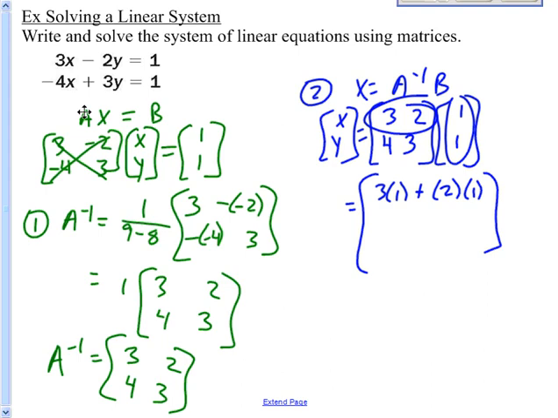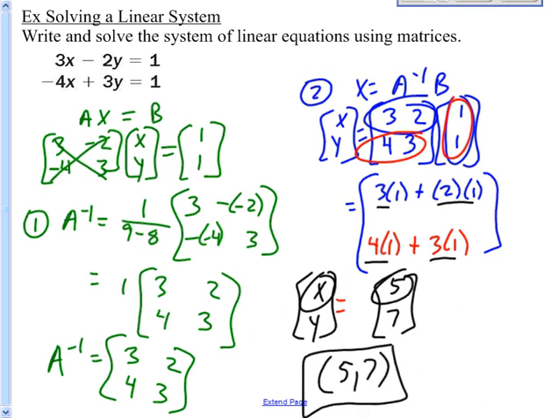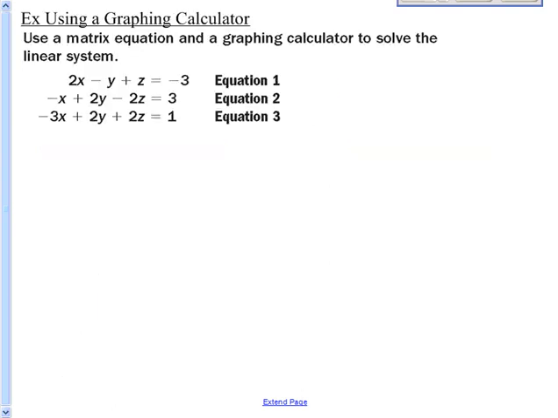Go to the next row: 4 times 1 plus 3 times 1. So we got 3 plus 2, which is 5, and 4 plus 3, which is 7. So X must be 5, Y must be 7. That's where those two lines cross, 5, comma 7.